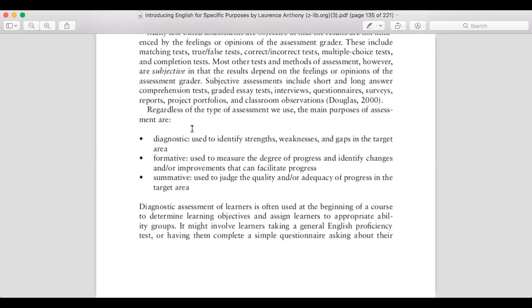Next is the formative assessment. The purpose of formative assessment is to measure the progress.